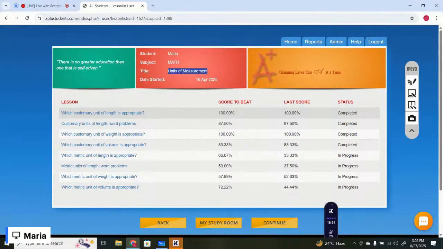The chapter we're on right now is units of measurement. Let's start with the lesson, which metric unit of length is appropriate.